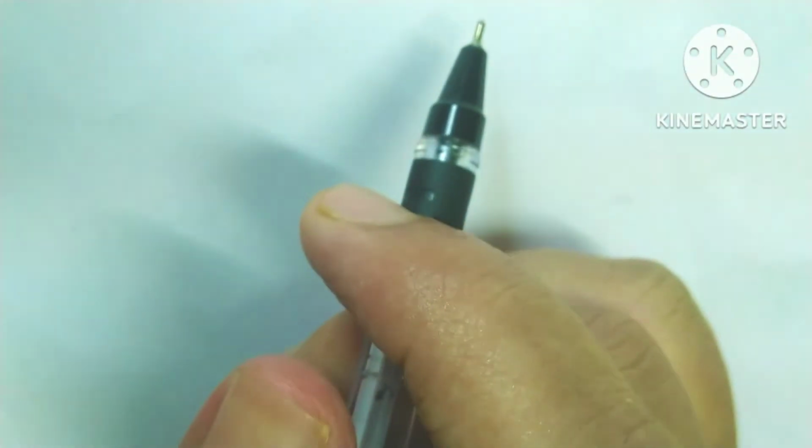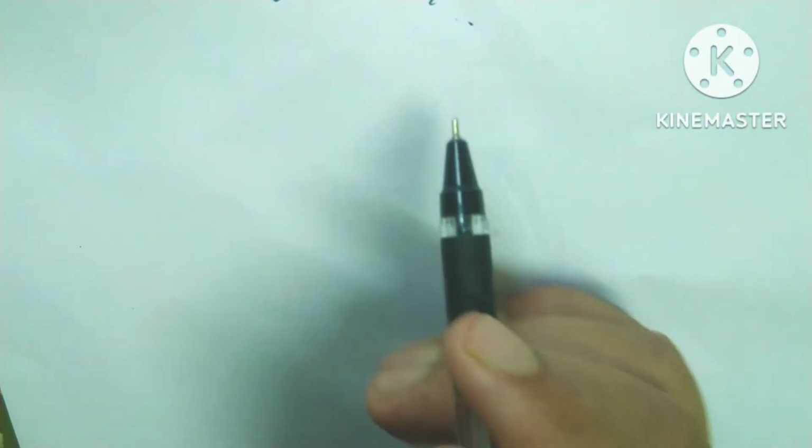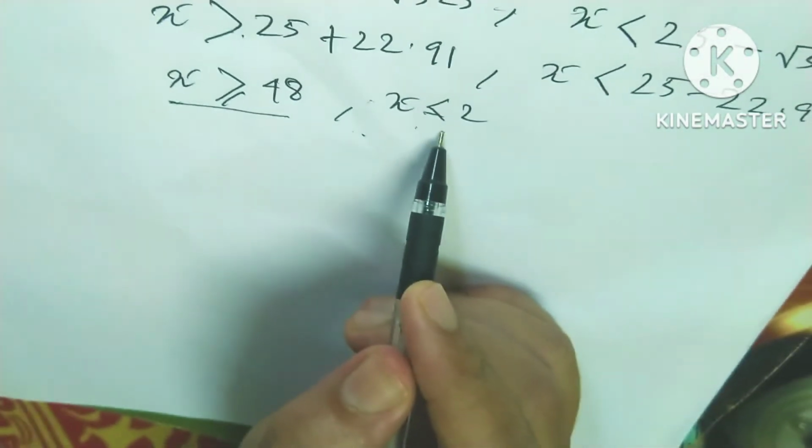We have to select from 1 to 100, and x is greater than or equal to 48, and x is less than or equal to root over 2.